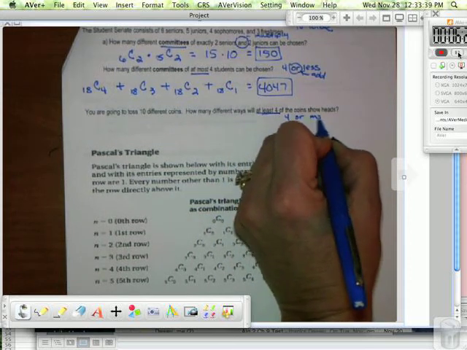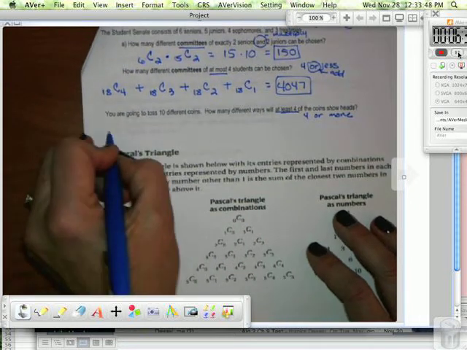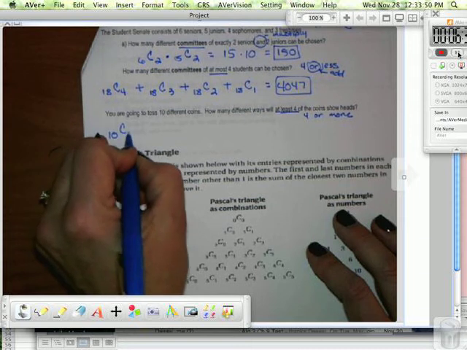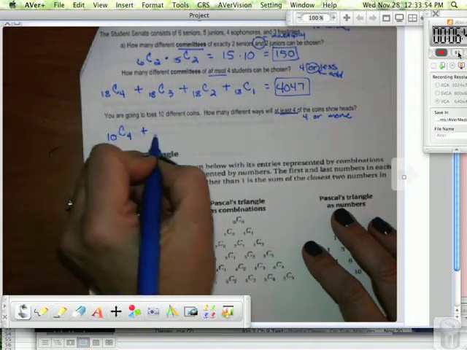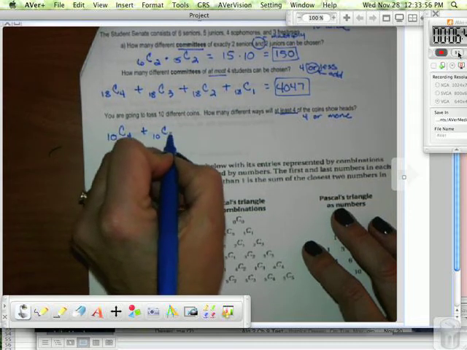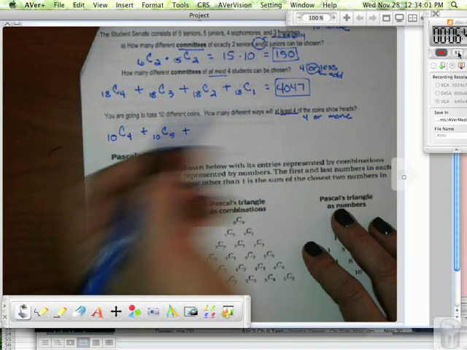That means you have to consider all the different combinations of the different numbers that show heads, and you're going to add them together. So again, if I have 10 coins and I want to choose 4 of them as showing heads, how many ways can that happen? I'm going to add to that the 10 coins and 5 of them showing heads. How many ways could that happen? And so on. We go all the way up to 10.